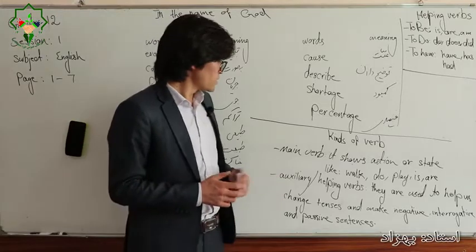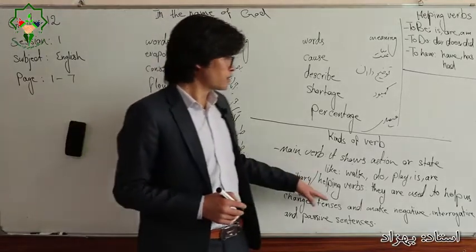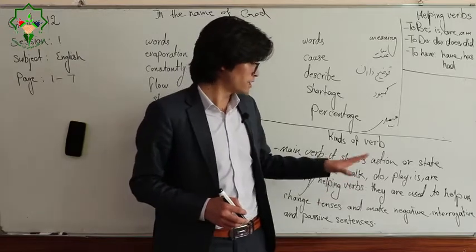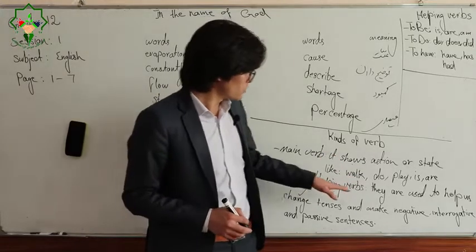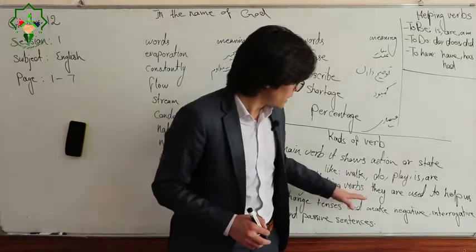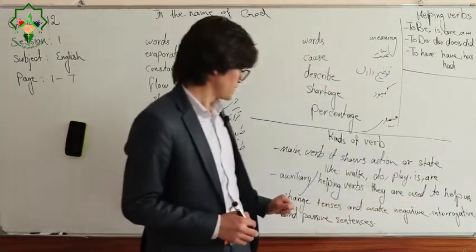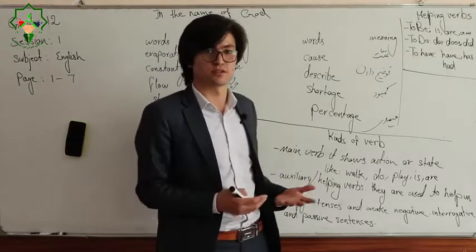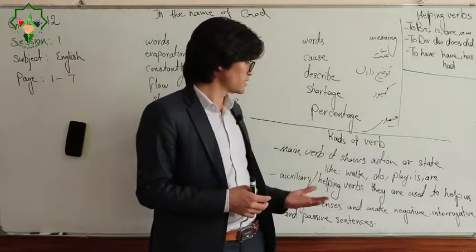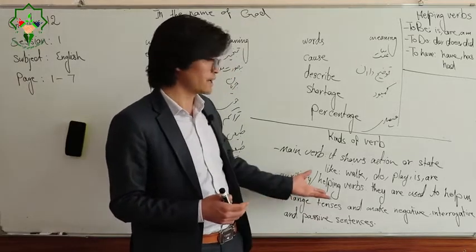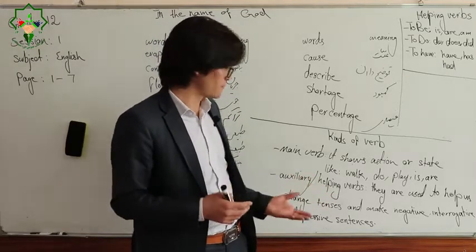The second one is auxiliary verb or helping verb. So what is a helping verb? Helping verbs are used to help us change tenses. That is why it is called helping verb or auxiliary verb; auxiliary and helping give the same meaning.